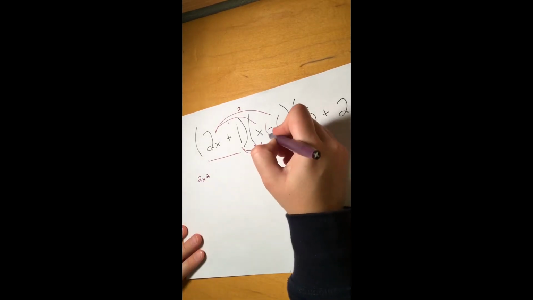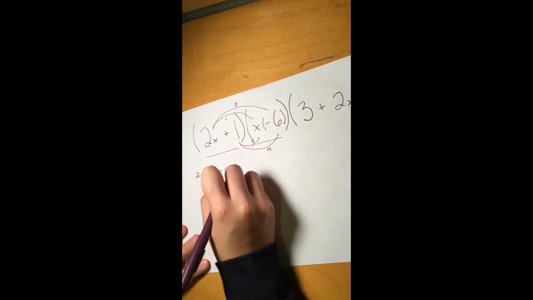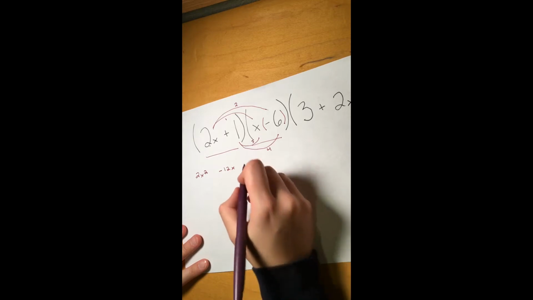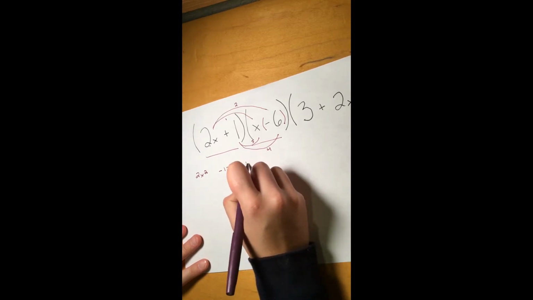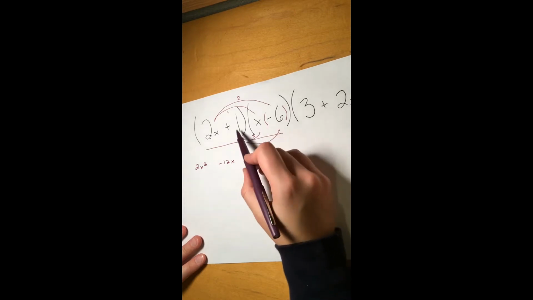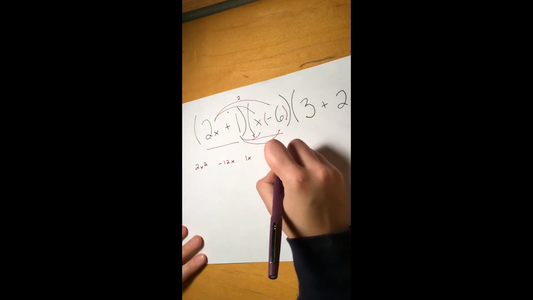This times our negative 6, negative 12x. Positive 1 times x is 1x, or you could just write x if you wanted to drop the 1. Positive 1, negative 6 is negative 6.